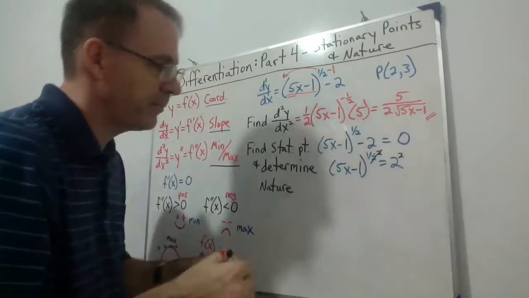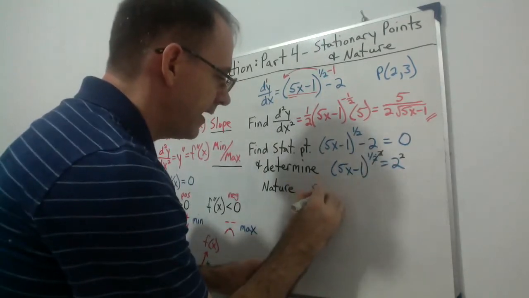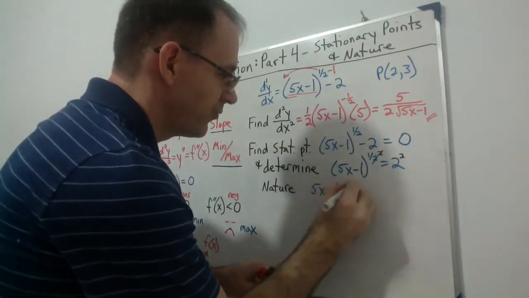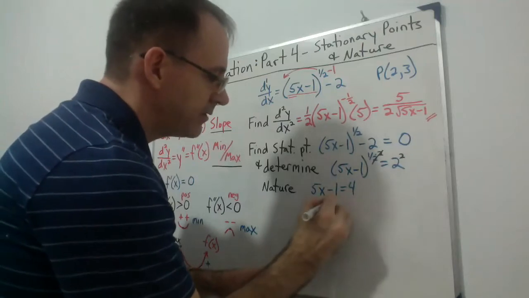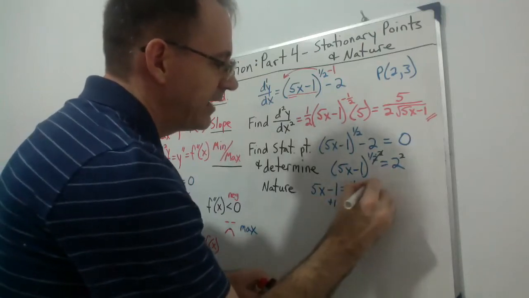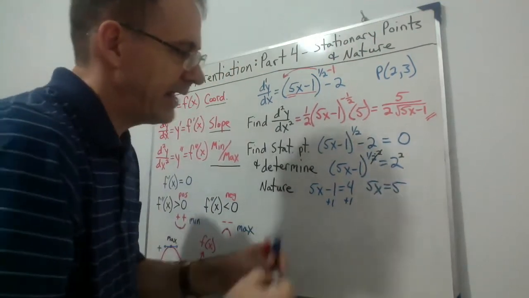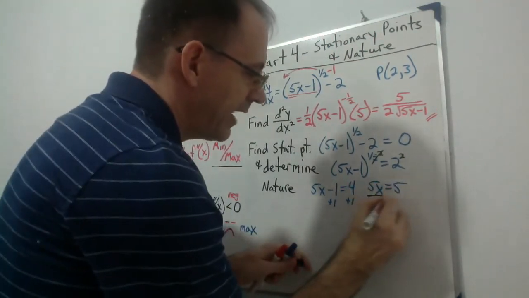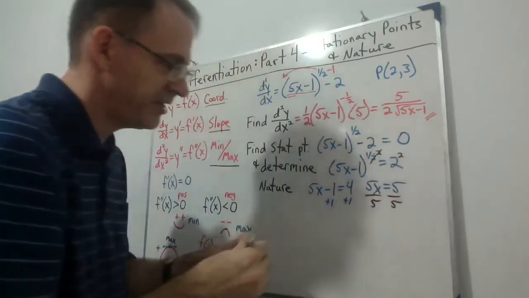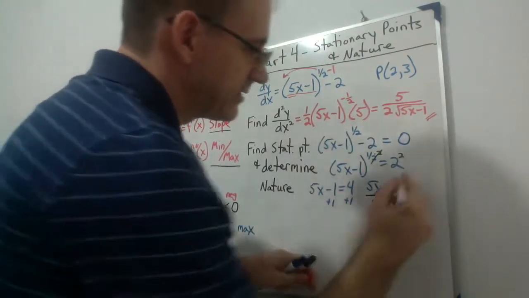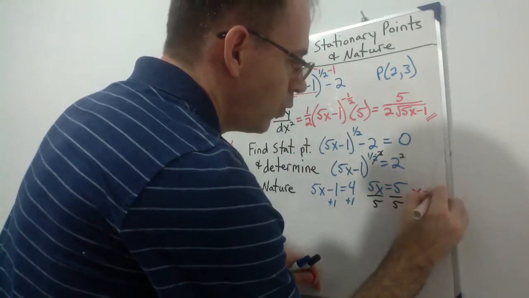And now you end up with 5x minus 1 equals 4. Add 1 to both sides. 5x equals 5. And now we can divide both sides by 5. And we see that our x equals 1.